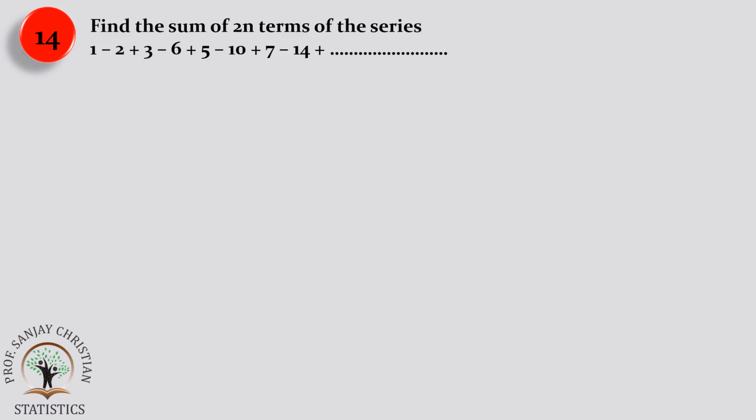Till date, the examples which we did were the examples of sum of n terms, but in this example it is written sum of two n terms. So it is but obvious that this example is somewhat different. Let us see.